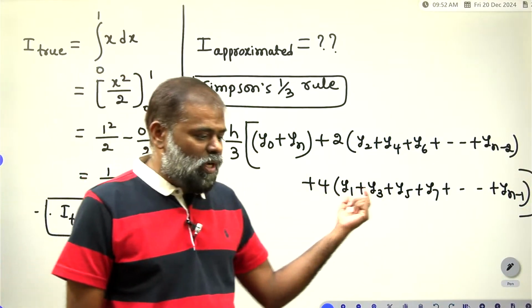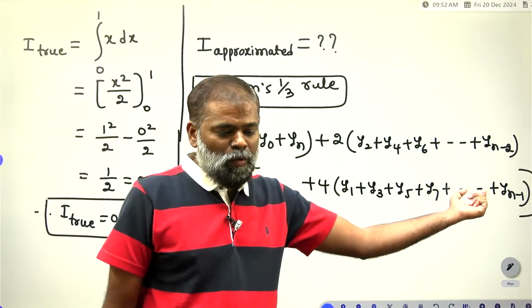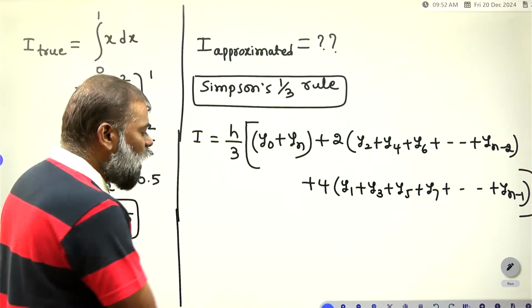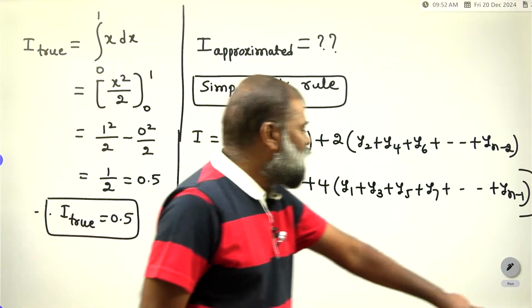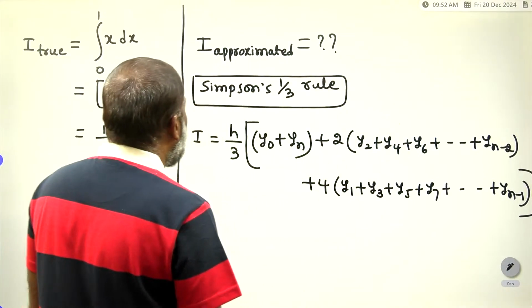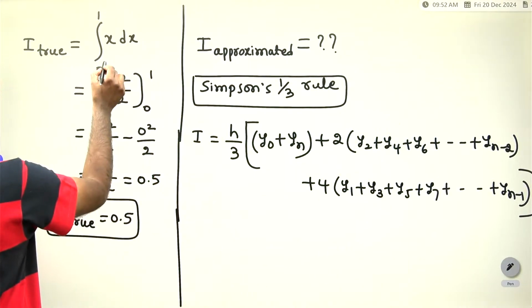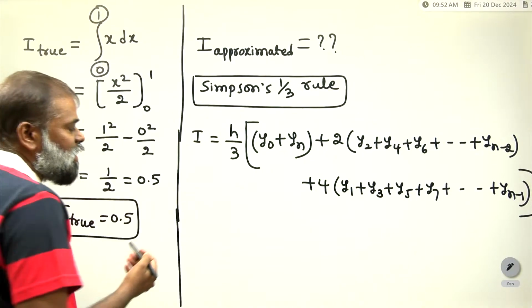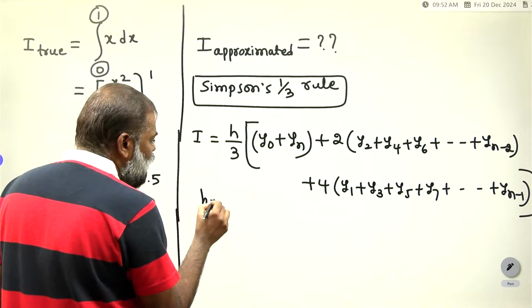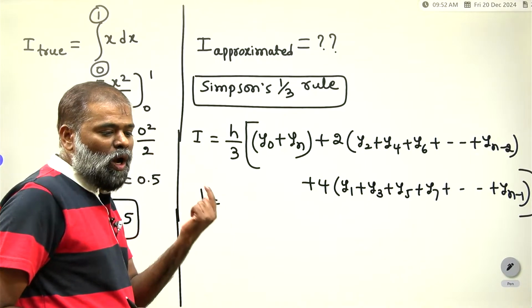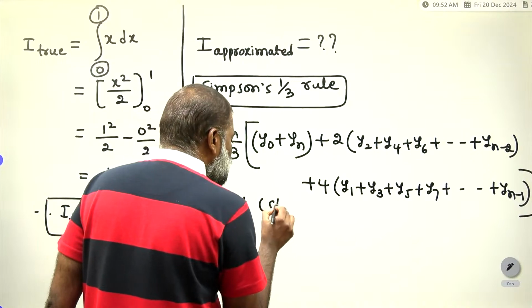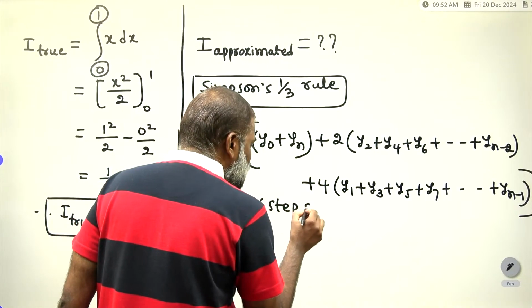These are the odd terms you have to consider, and here the even terms. Suppose our integration lower limit is 0 and upper limit is 1. You have to take the step size h, the interval.